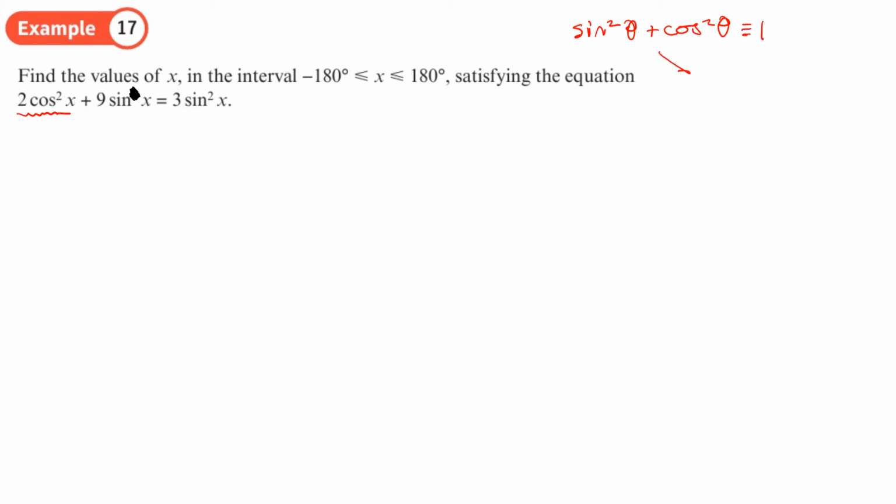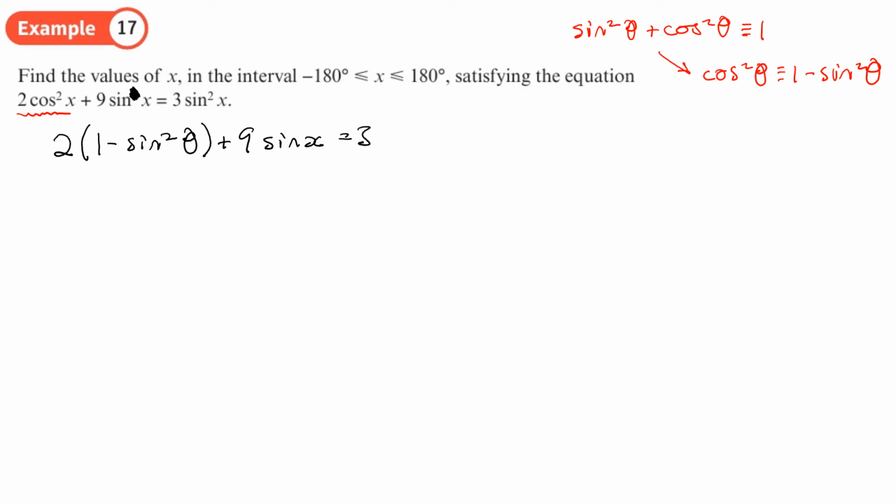If we rearrange that, then cos squared theta is 1 minus sine squared theta. So that'll be very useful. Right, so 2, and now we'll do the substitution. 1 minus sine squared theta plus 9 sine theta, not sine squared, equals 3 sine squared theta, or x.